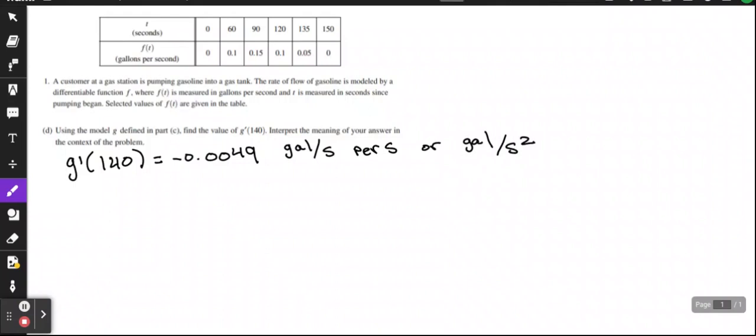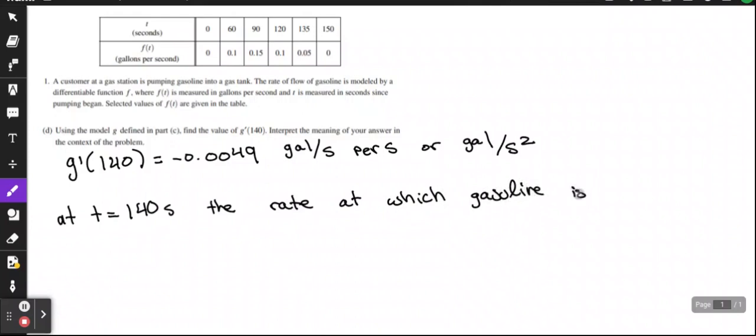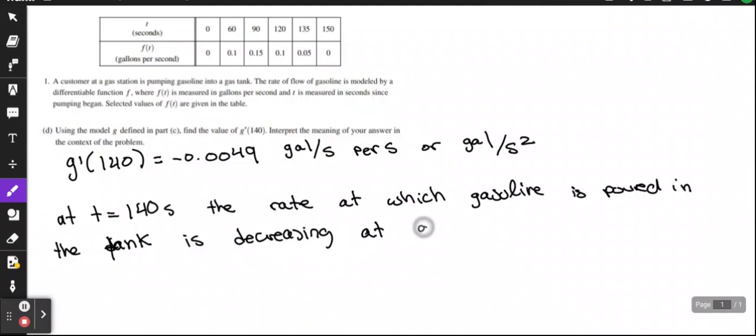And the meaning of our answer is that at time 140 seconds, the rate at which gasoline is poured into the tank is decreasing at a rate of 0.0049 gallons per second squared.